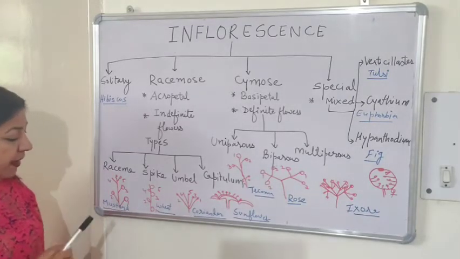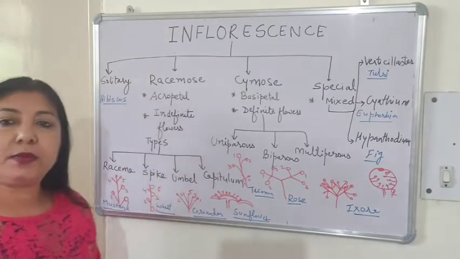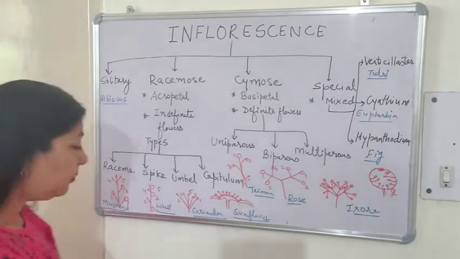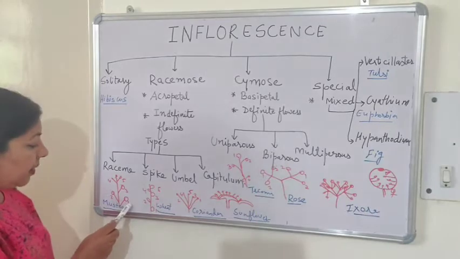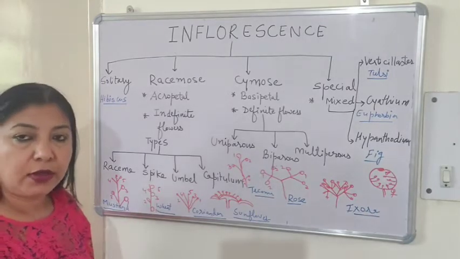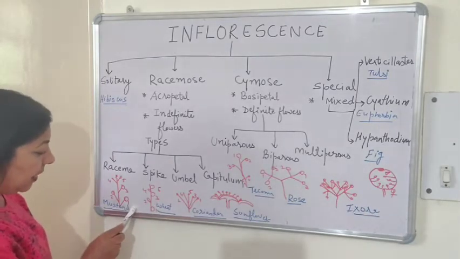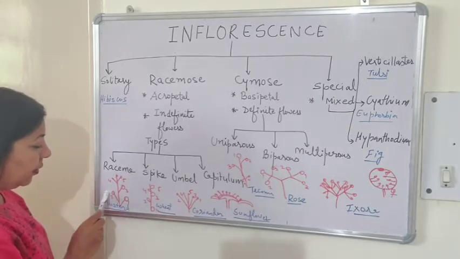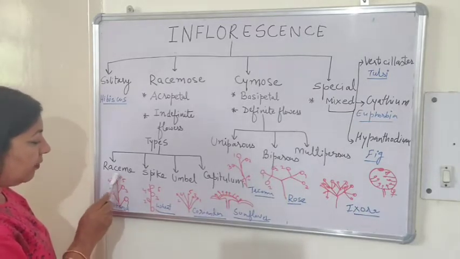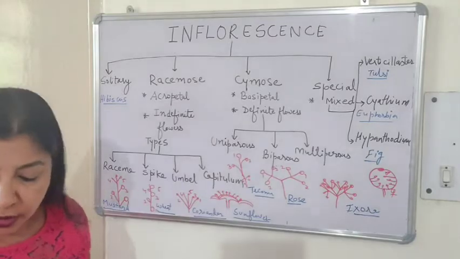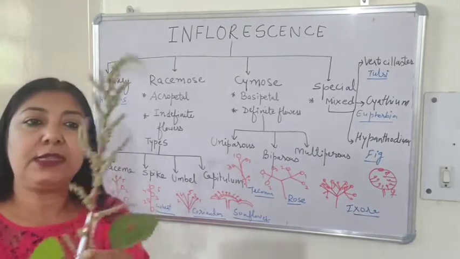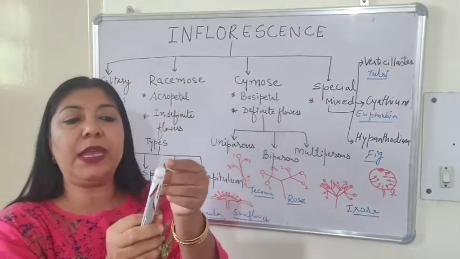Just recall a mustard inflorescence, mustard, sarson. In that, suppose we are taking 5 flowers. So the oldest will be at the base, then number 2, 3, 4, 5, and the top portion of that inflorescence will always be a bud.